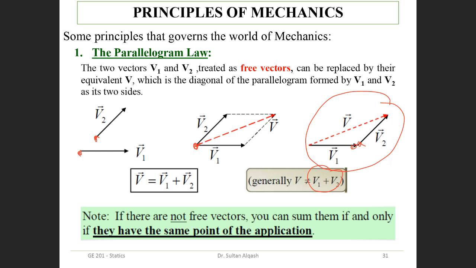Here we are adding vectors. Vectors have a special way of addition and subtraction. Clear? It's not adding 1 plus 1. I hope that's clear, and you know this actually. So you can sum them if they have the same point of application.